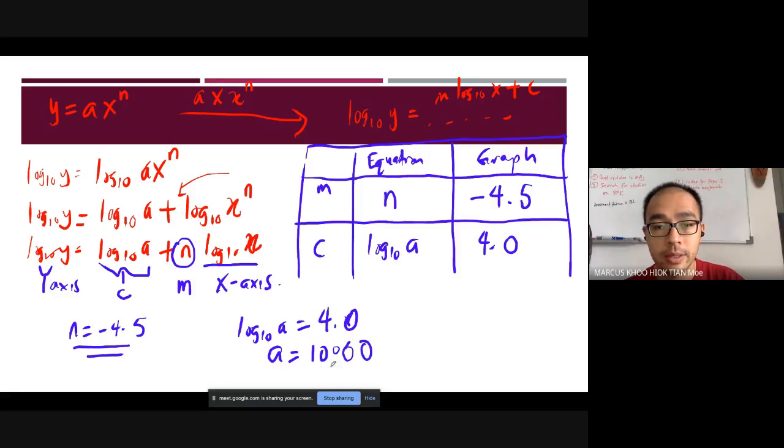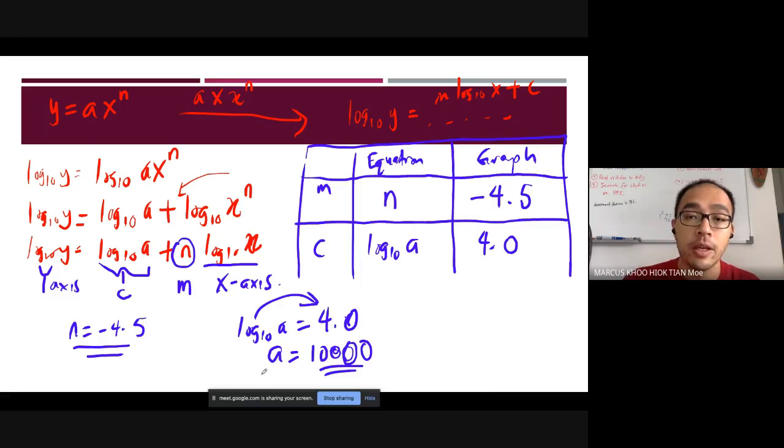Log 10a equals 4.0. If you want to hilangkan the log, kita shift log 4.0. Seolah-olah kamu pindah log 10 pergi sebelah lah. But basically you just shift log, shift log 4, you get 10,000.